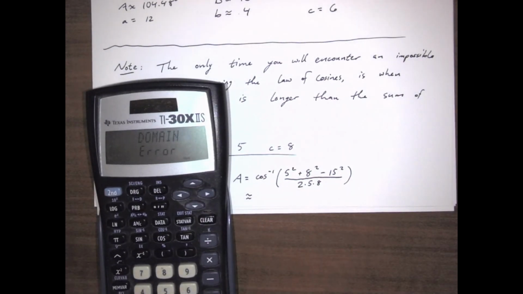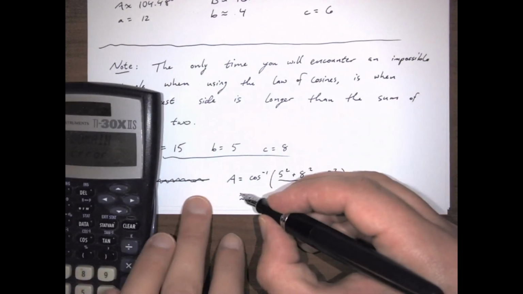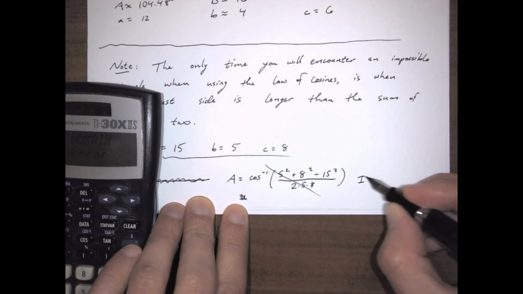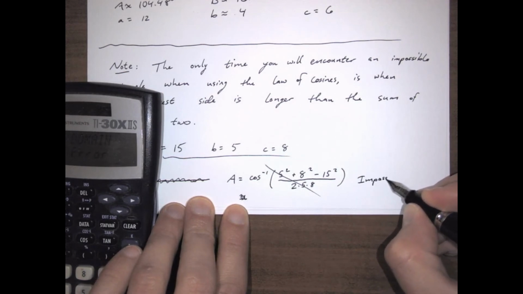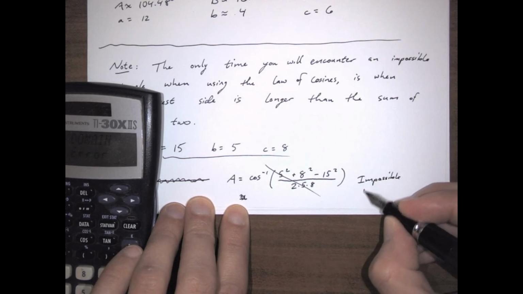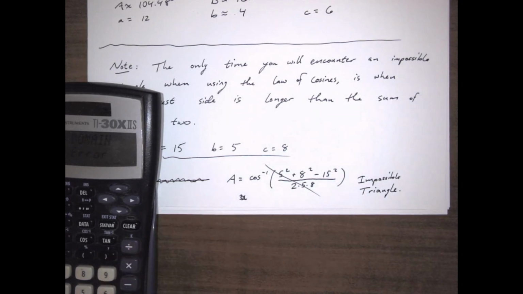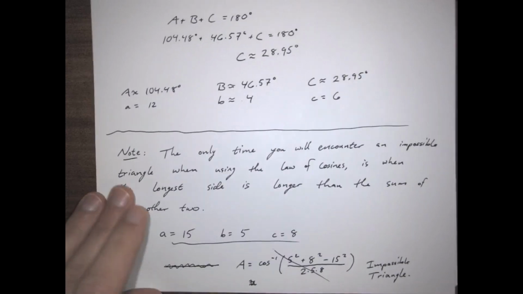We are looking for an impossible triangle. Alright, so this is the kind of impossible triangle you can find with the law of cosines. Alright, now let's see an application of the law of cosines.